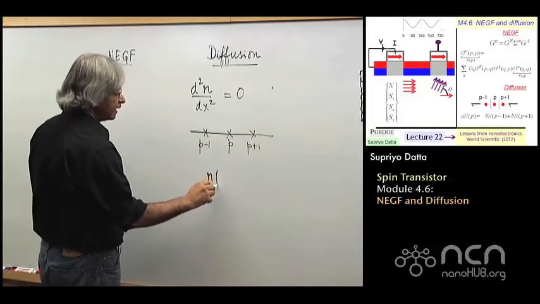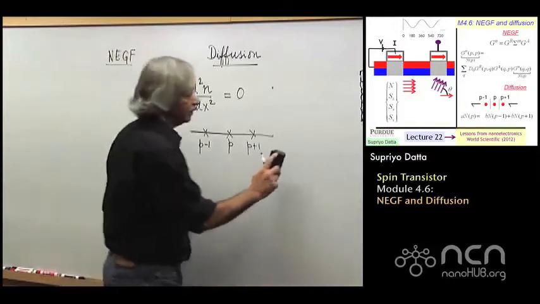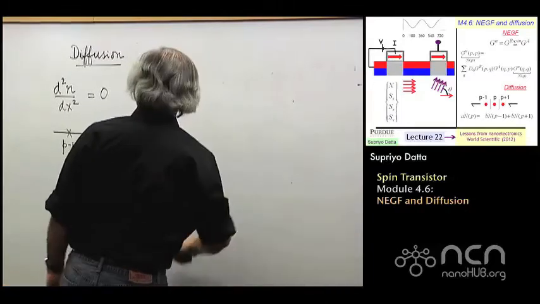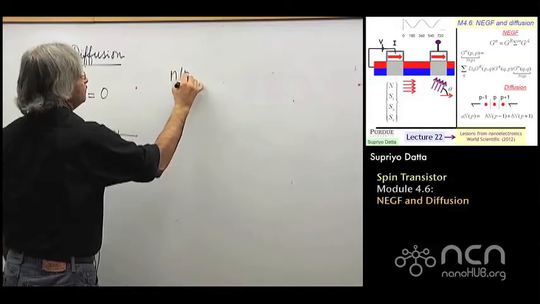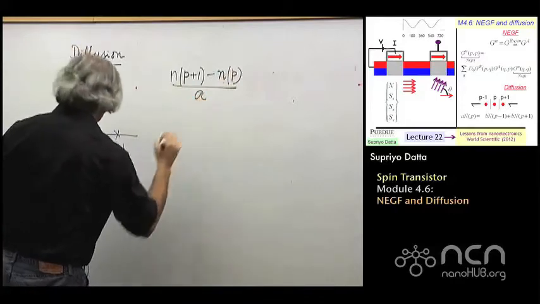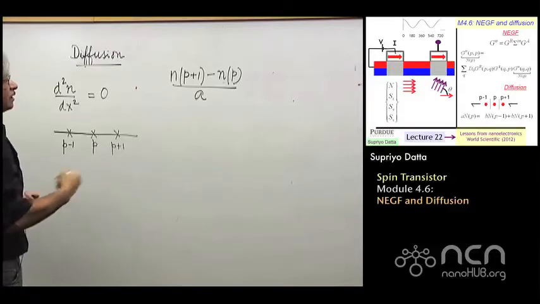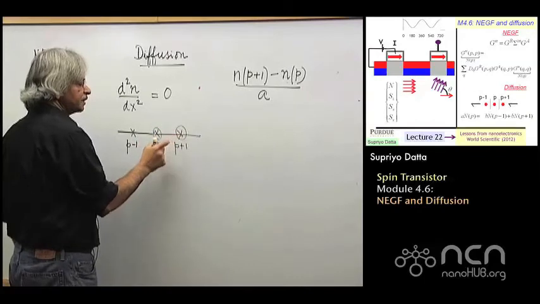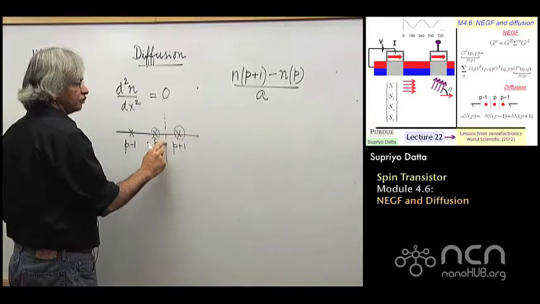So you could write it as n of p plus 1 minus n of p divided by a. So this is, you look at the electron density here, and you take the difference and you divide it by this distance a. So that's like dn dx around here.